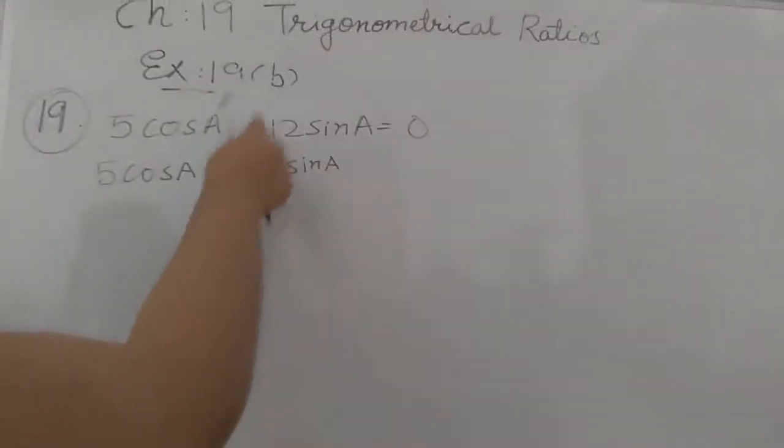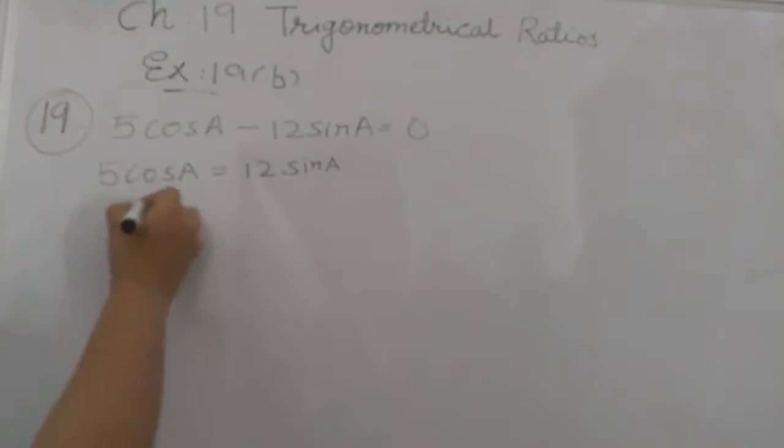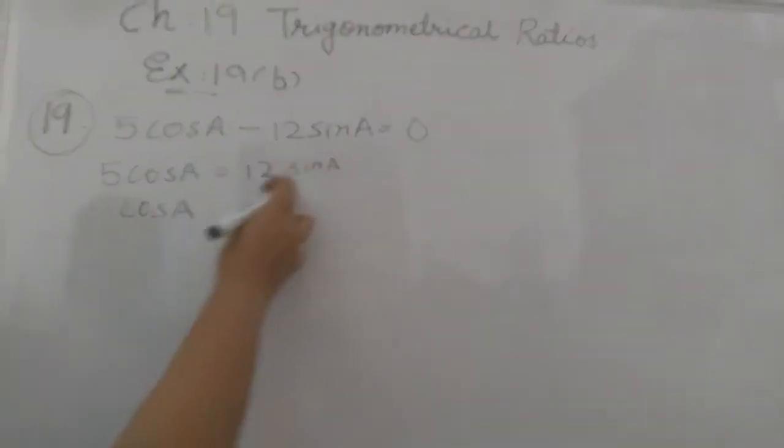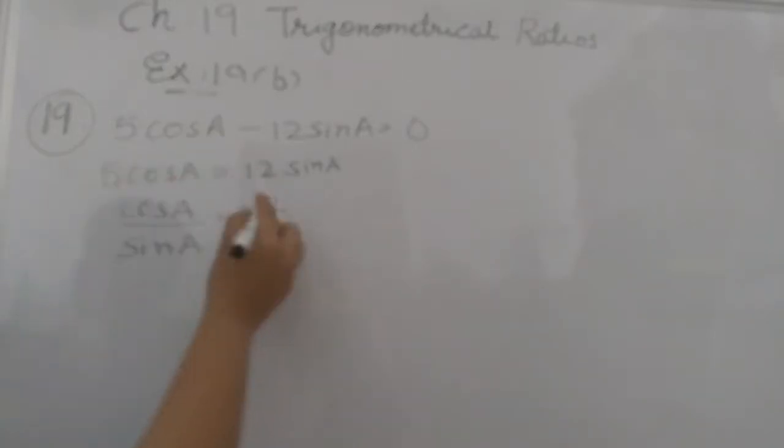Because you see this minus sign on right hand side goes to become plus, and with 0 we take anything in positive, it is positive 12 sine A. Now I write cos A upon sine A in cross like this, and similarly this 12 as it is in this denominator as 5 in a cross way.